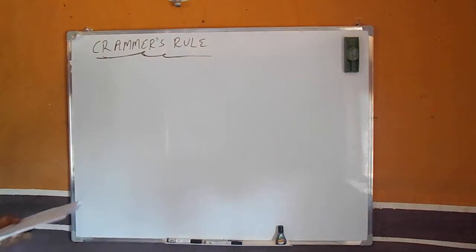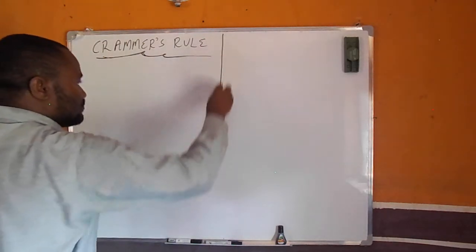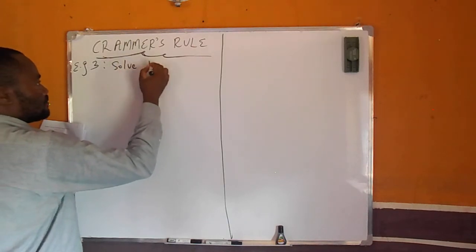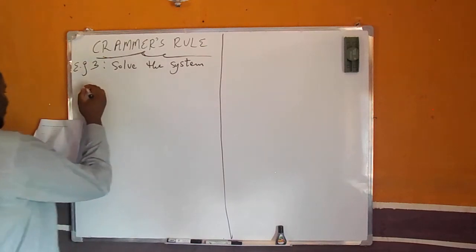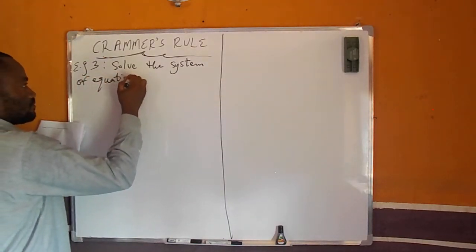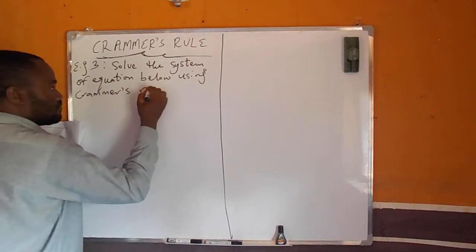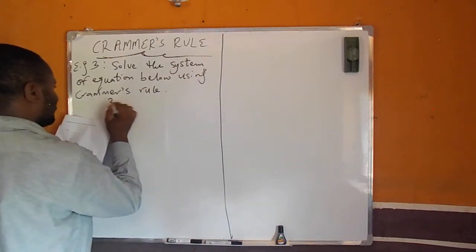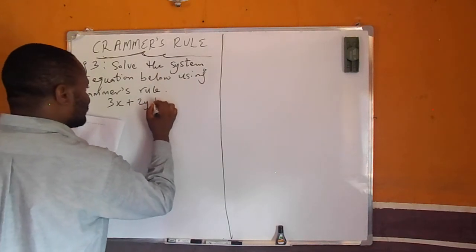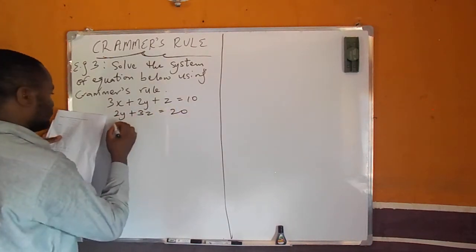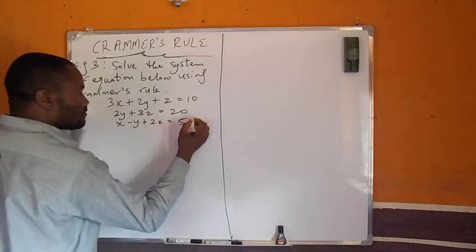In example 3, we will still be looking at, let us look at example 3. We stated that solve the system of equation below using Cramer's rule.